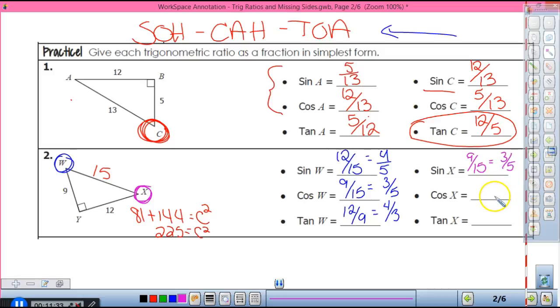That's cosine, 12 over 15, we get 4/5. Tangent is opposite over adjacent, 9 over 12 is 3/4. Yes. I was trying to go too fast.